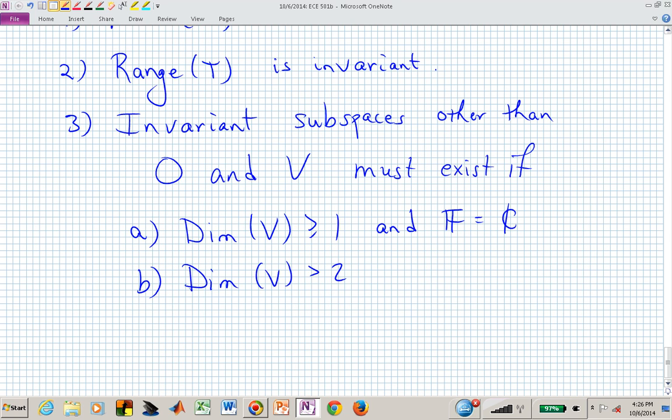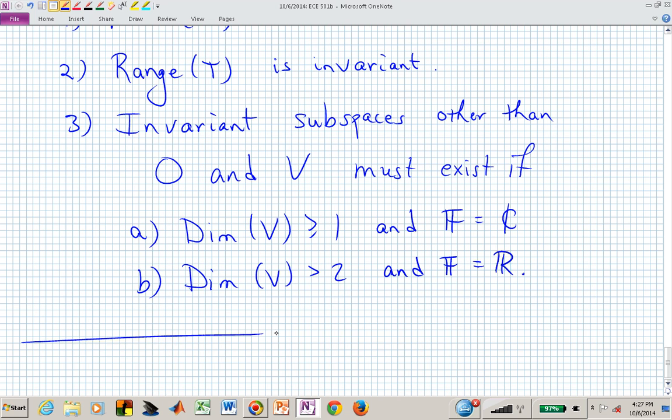So we need to be bigger than 2 if our field of numbers is real, because you could find a 2 by 2 matrix that does not have any eigenvalues, and we need eigenvalues to even be thinking about eigenvectors or invariant subspaces. So the dimension of V needs to be bigger than 2, and the field of numbers is real. Then we can have some other invariant subspaces.